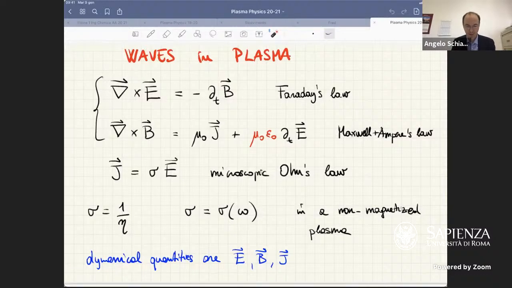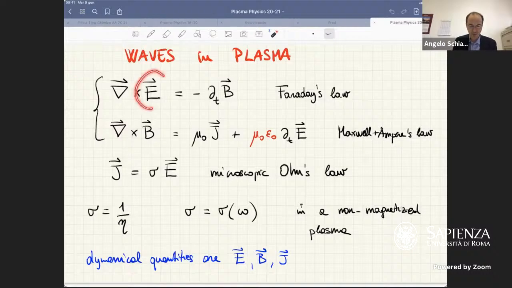the waves in plasma, and we stressed the fact that a plasma is a collection of particles, ions and electrons. So on top of the usual acoustic behavior, a gaseous behavior where you have acoustic waves, we have two more dynamical quantities taking part in the plasma evolution, and those are the electric field and the magnetic field.